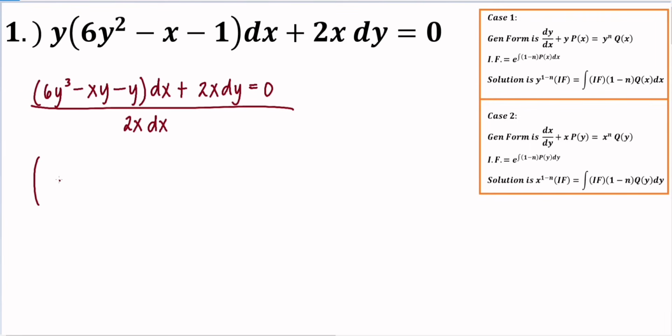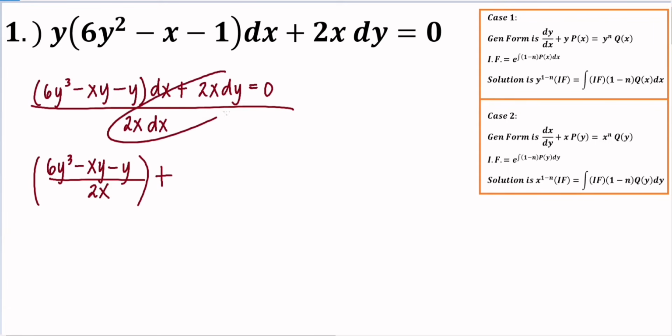Makakancel na si dx. Plus, dito naman, cancel si 2x, so we will be left with dy over dx. And then, syempre, sa 0, any 0 divided by any number is 0. So, 0 to. Okay?